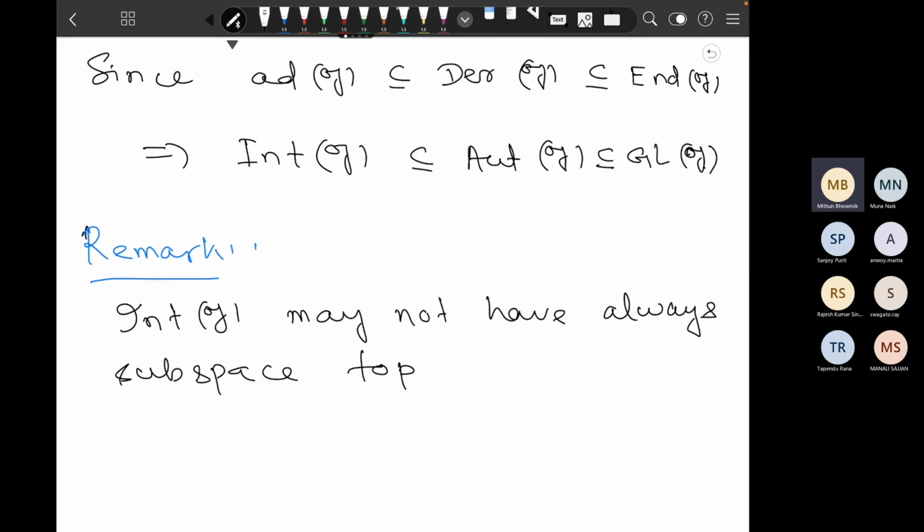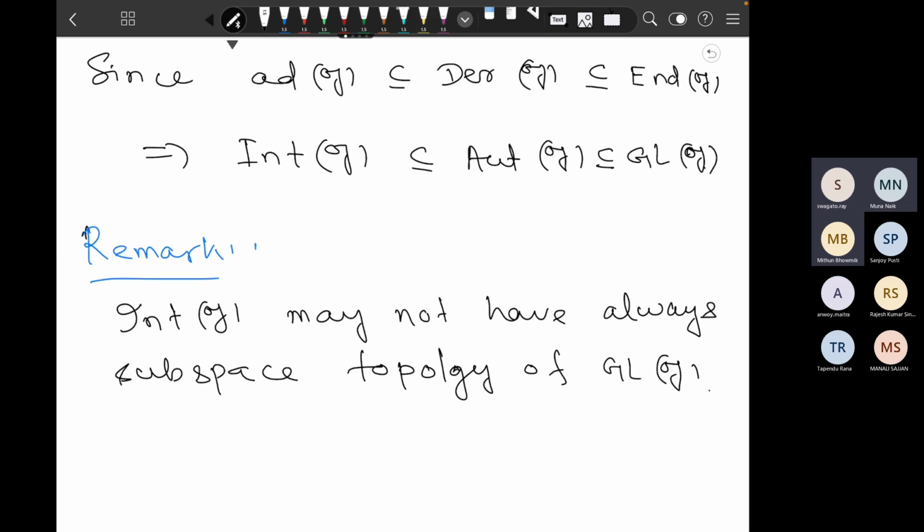Always subset topology of GL(G). Do you mean, for example, that on Int(G) you do have the subspace topology of GL(G), but that does not make it a Lie group? Yes, that means it may not be a Lie group.